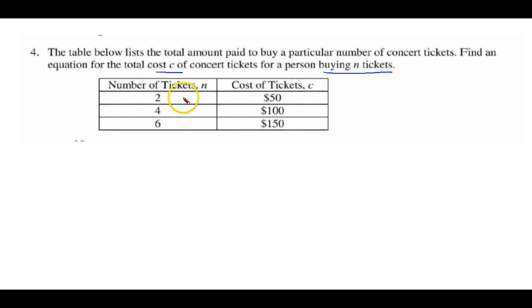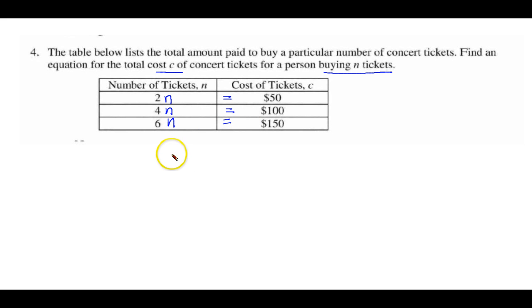So what do you think is the price of a ticket? Well, if you look at it this way, and this is the number of tickets, 2 times n equals 50. 4 times n equals this. 6 times n equals this.